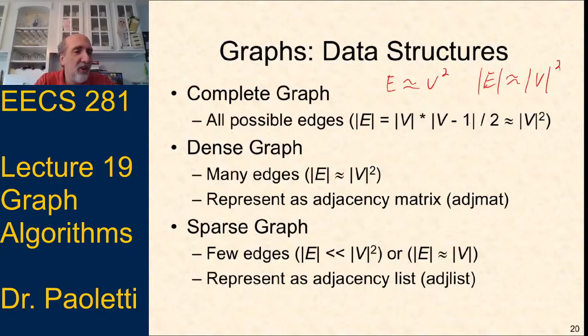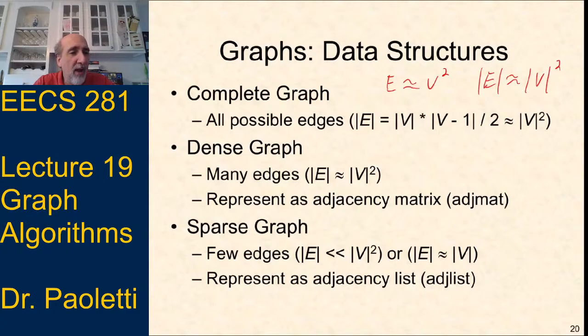Every possible edge exists. In a dense graph, E is proportional to V squared. What we're saying here is not an exact line. It's impossible to take the set of all graphs and say, here is the line between dense and sparse. But in a dense graph, E will be proportional to V squared.